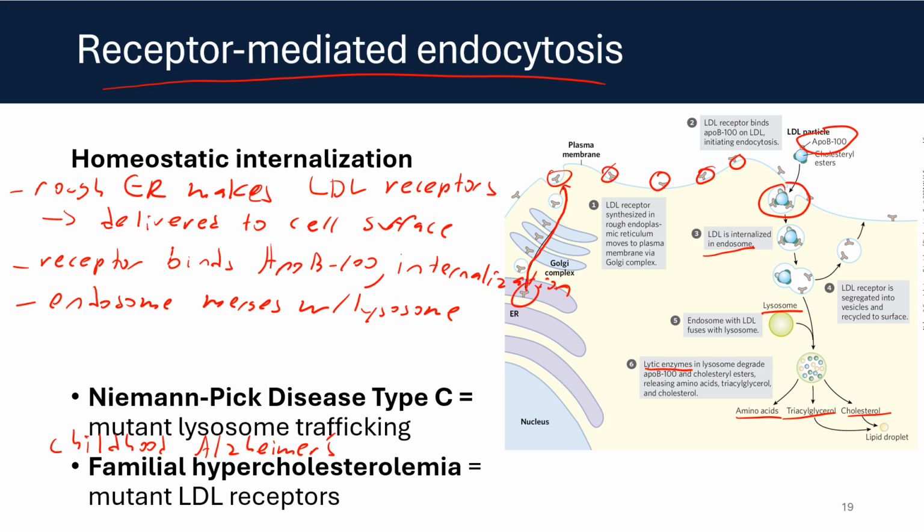This will predispose the individual to have higher levels of LDL in circulation, and that, of course, can lead to atherosclerosis and all other sorts of pathologies. We call this familial hypercholesterolemia, aka mutant LDL receptors. These people can have extremely healthy diets, but their cholesterol can still be through the roof.